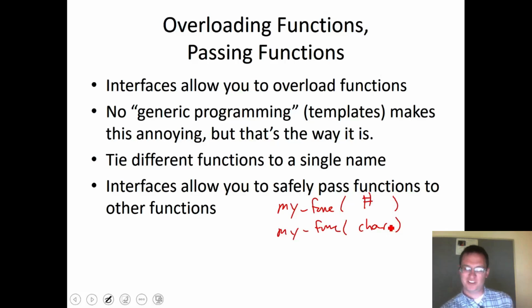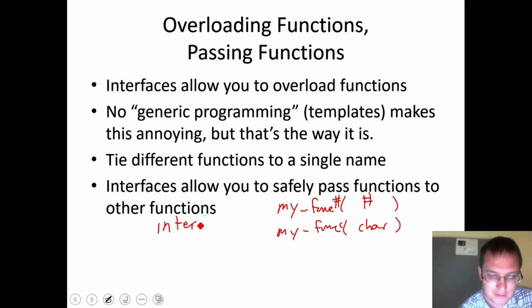In Fortran, you can sort of do the same thing, but you have to give them different names. So this one we're going to call myfuncNumber, and this one we're going to call myfuncC, and then you have to declare an interface. I'm not showing you all the particulars about this. I'm not trying to teach Fortran. I'm just giving a demonstration.